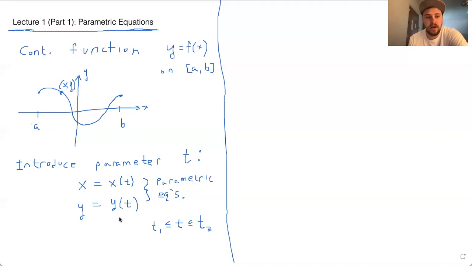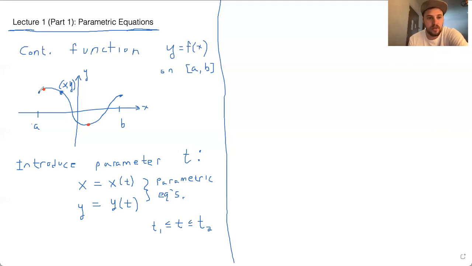Now I'm thinking about this curve and points along this curve as, say, a particle traveling along this curve. A good way to think about what parametric equations are doing is that they tell you after this much time has passed, you've moved to this point on the curve.